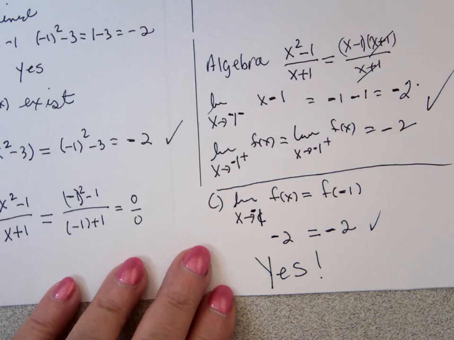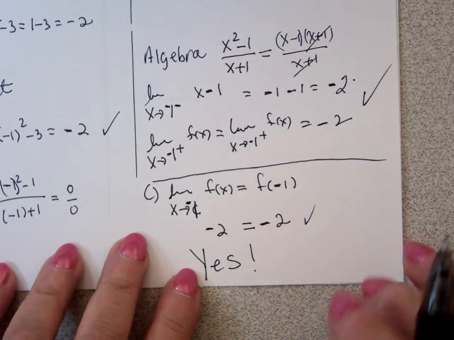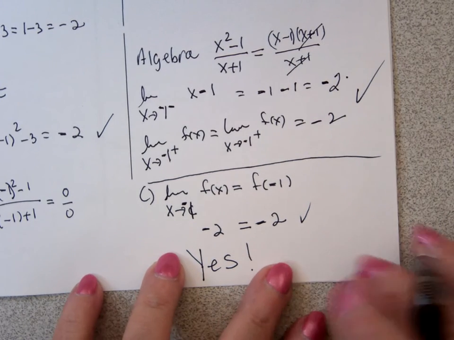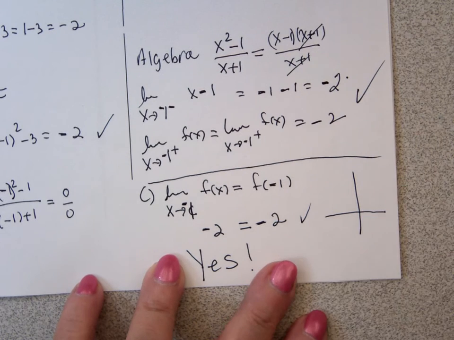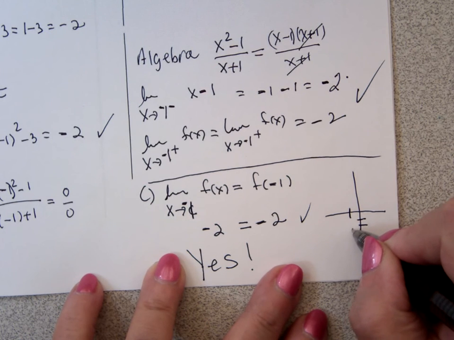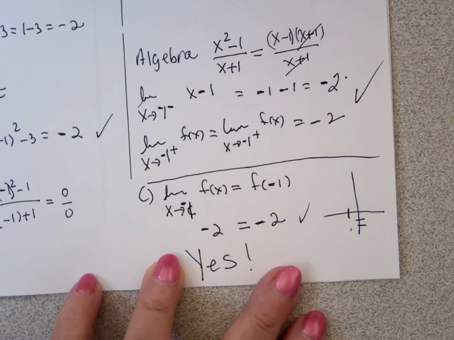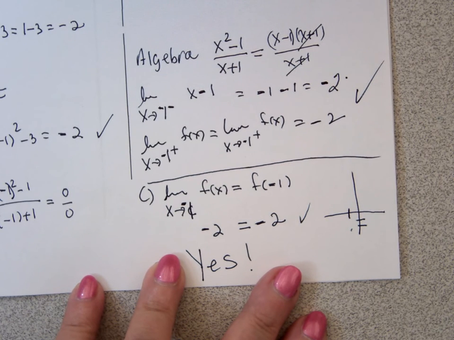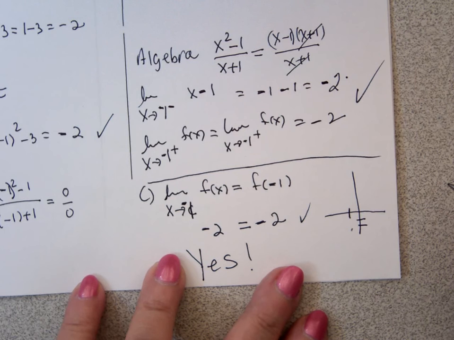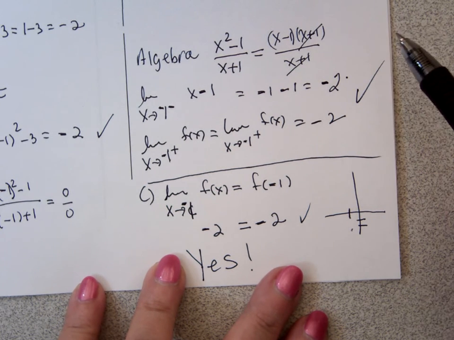What happened? See, if I think about what's going on, at x equal negative 1, y equals negative 2. That's what this is saying. And if I'm coming in from the left, it is y equals x minus 1.